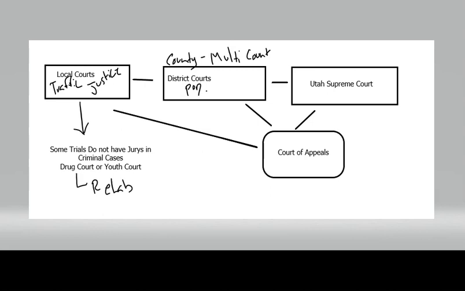So all death penalty cases in the state of Utah actually go to the Supreme Court. Okay, whether you committed a crime on the local level or the district level, all death penalty seeking cases go to the Utah Supreme Court. Okay, they are kind of the highest court of Utah.